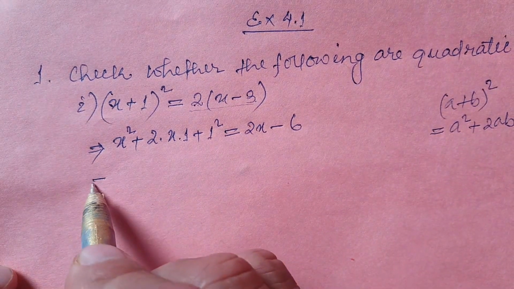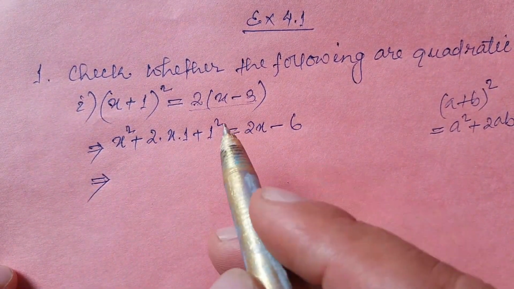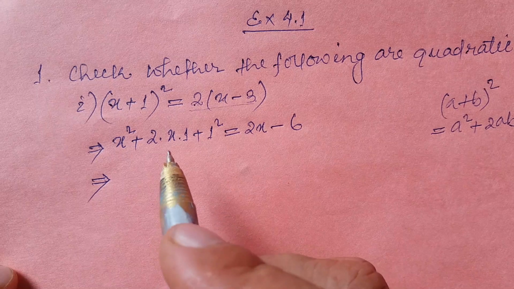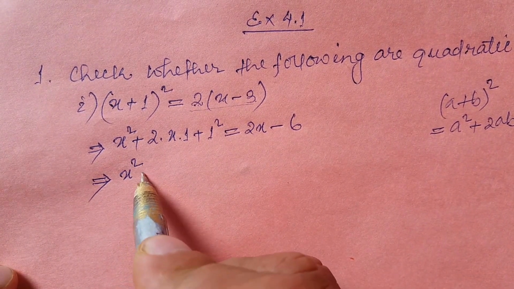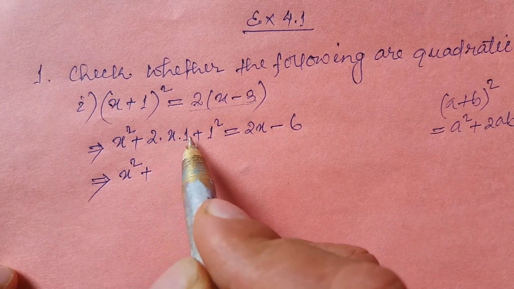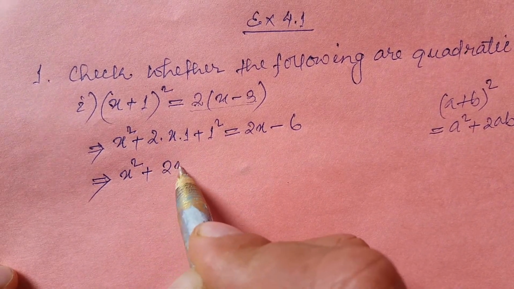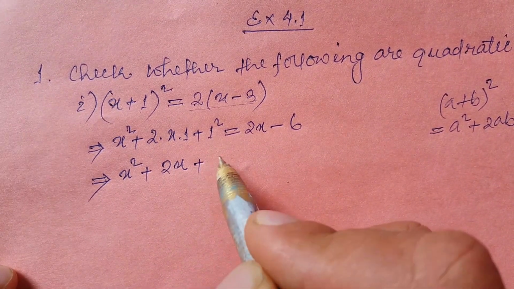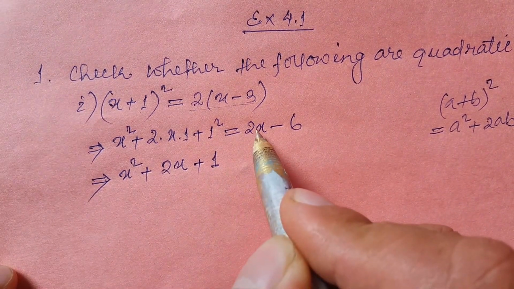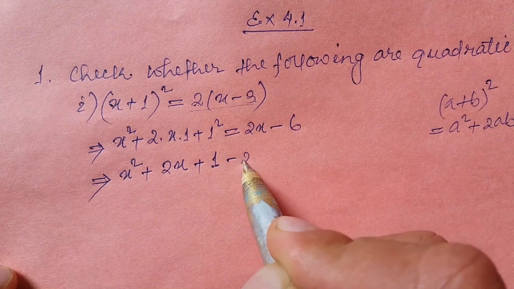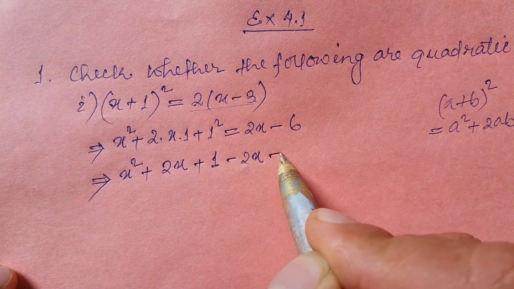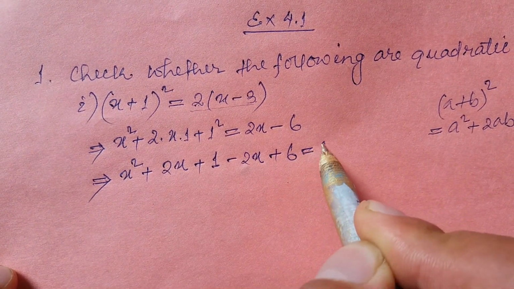Now what we're going to do is we're going to transpose everything to the left hand side. So now we have x squared plus, this is 2 into x into 1 is 2x plus 1 square is 1. And then this one to the left hand side, so plus will be changed to minus, and this minus is now plus, so this is equal to 0.